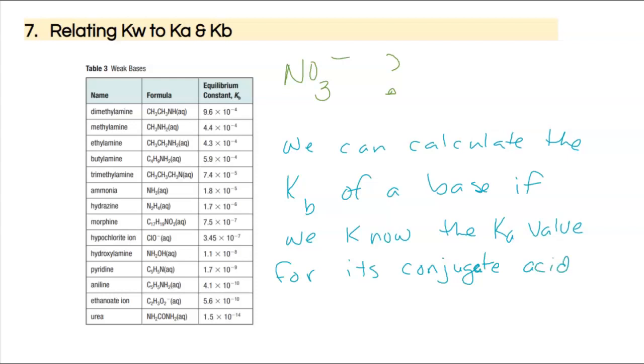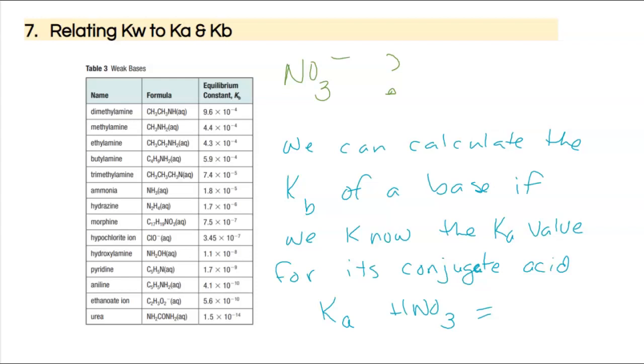So in other words, if I were to look up the Ka value for HNO3, that is the conjugate acid of NO3-, that would help me to determine the Kb value for NO3-, right?